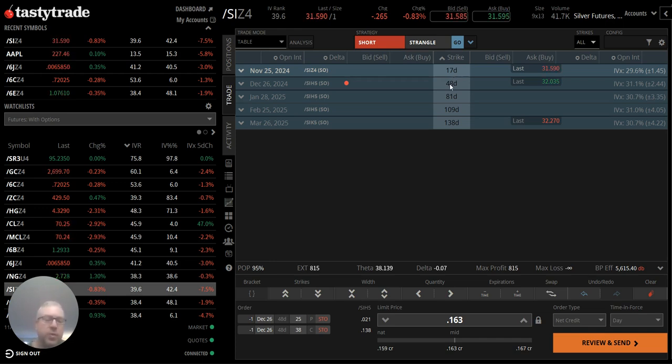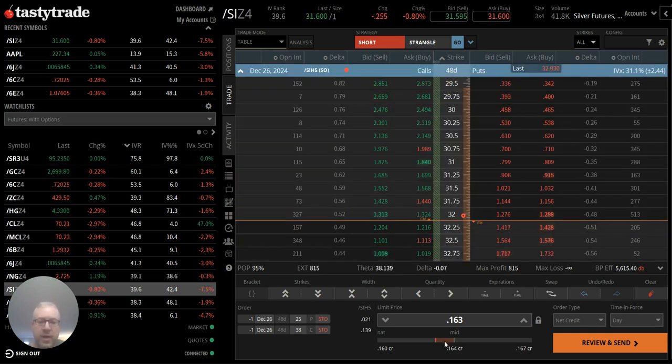That's why I like to go 45, 50, just like Tasty Trade said, 45 days to expiration, and start closing and managing your trade at 21 days to expiration. So be in the trade for about 3 weeks and collect the premium by then. If nothing happens, the option will lose value every single day, which I'm going to show you exactly in a minute. So December 26, 48 days from now, and I've done a delta neutral strategy.